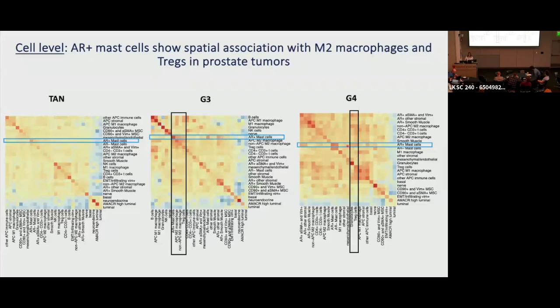Our findings show that AR-positive mast cells interact closely with regulatory T cells in prostate tumors, and in addition, M2 macrophages in Gleason 3 tumors, and no spatial interaction in tumor-adjacent normal tissues.